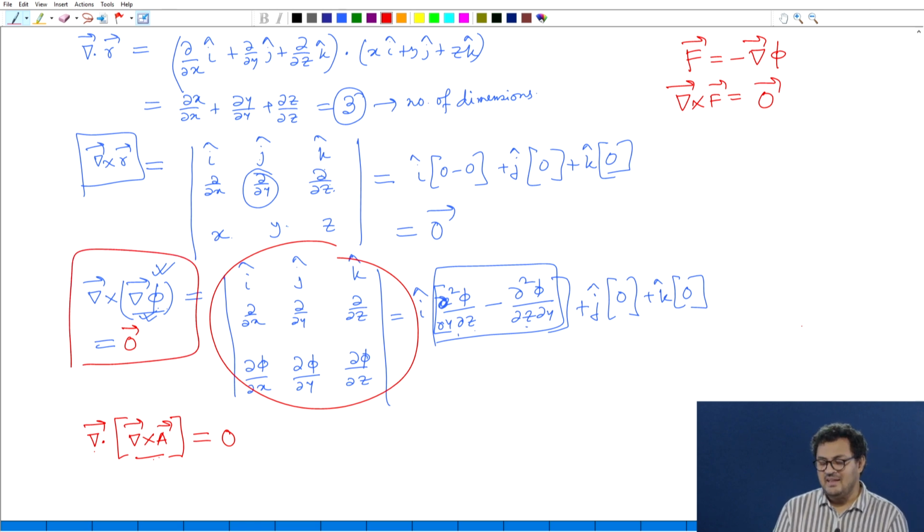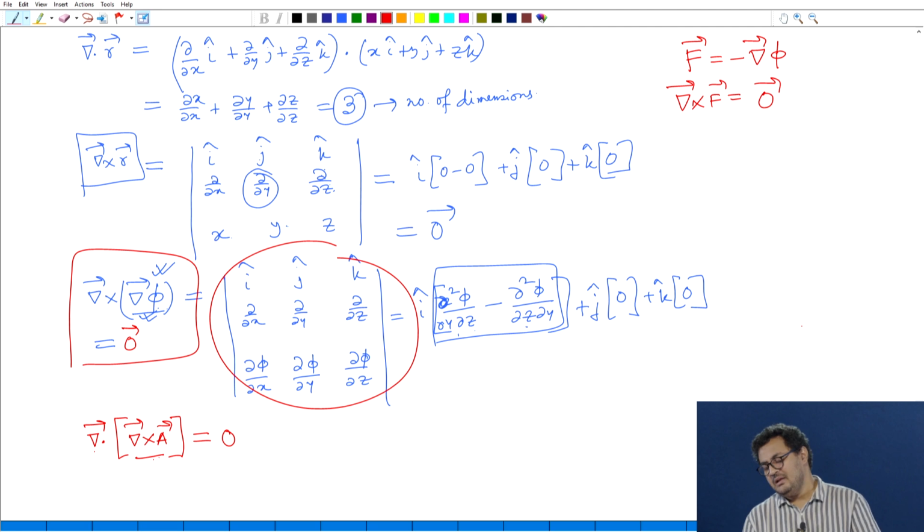That is why we say that, instead of saying that the force has a form like minus gradient of phi or plus gradient of phi, for a particle which is moving under a force whose curl is 0, the total mechanical energy is a constant of motion.